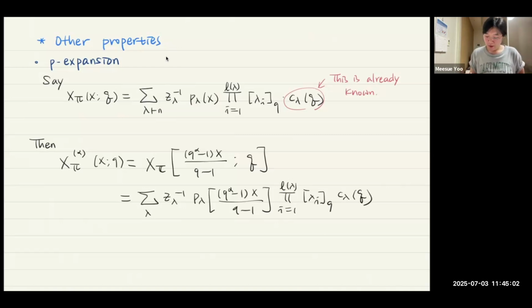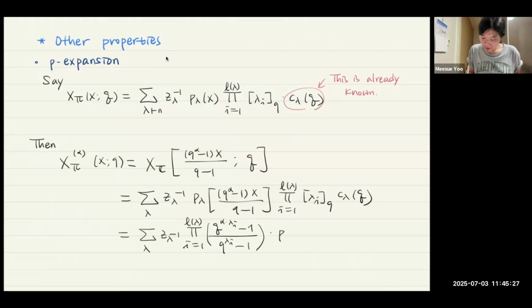But then the property of the plethysm on the power sum is easy to compute. You just put everything out. So these are going to be q to the alpha times lambda i minus 1 over q to the lambda i minus 1 times p lambda of x.